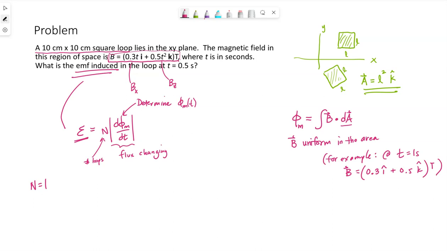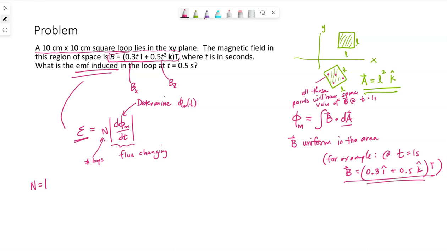At this exact moment in time, this is a constant. It's uniform. It means that everywhere in our square, so even if coming up to the squares I've drawn, a point closer to the origin, a point farther from the origin, both x or y, all these points will have the same value of B at t equals 1 second.